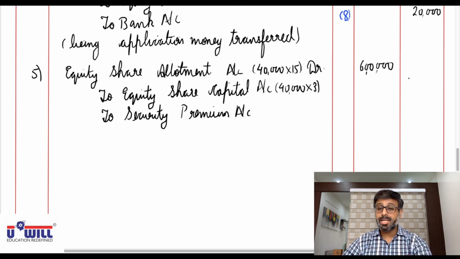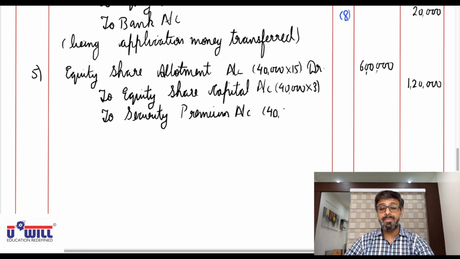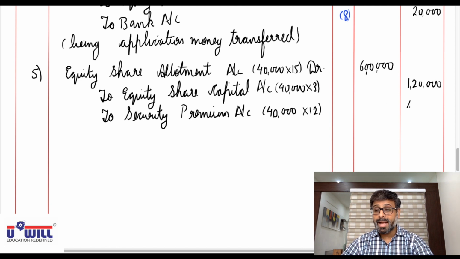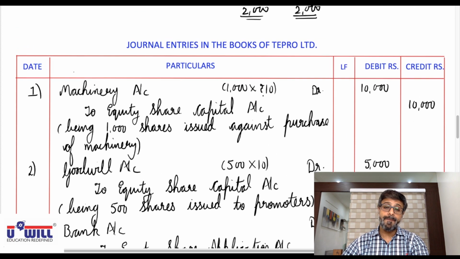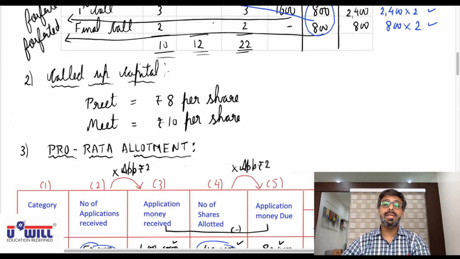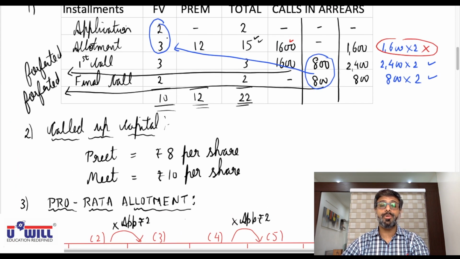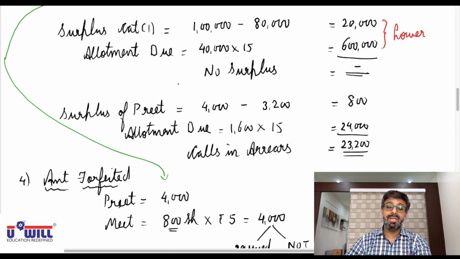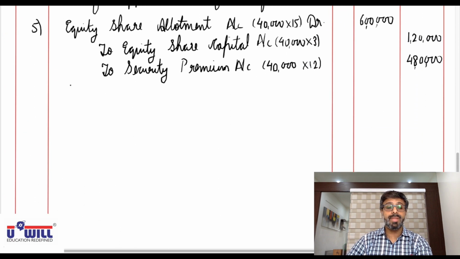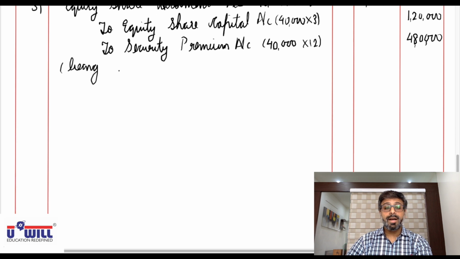So 40,000 into 3, 1,20,000 to equity share capital account and 12 rupees is premium, so 40,000 into 12, 4,80,000 towards security premium. You all can see here 3 rupees face value will go to share capital, 12 rupees premium will go to security premium. Being allotment money due.